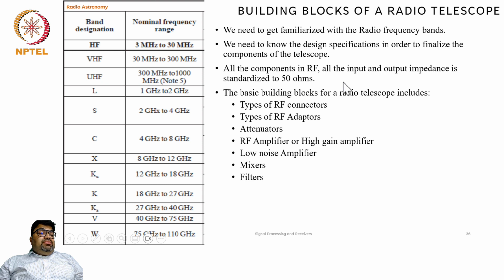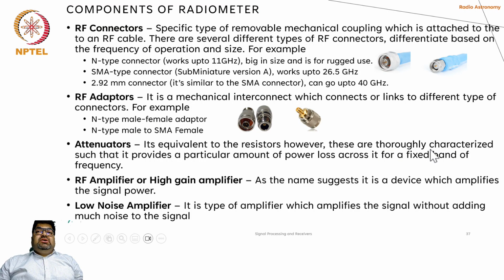Different components are used, such as different kinds of RF connectors, because we have wires, adapters, attenuators, RF amplifiers, high gain amplifiers, low noise amplifiers, mixers, and filters that comprise this entire radiometer. An RF connector is a specific type of removable mechanical coupling which is attached to an RF cable.